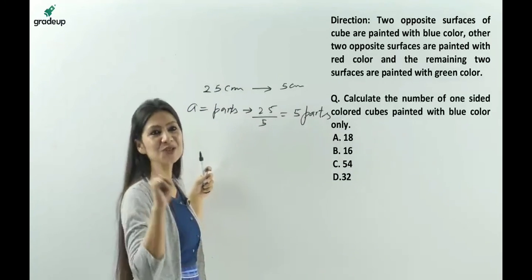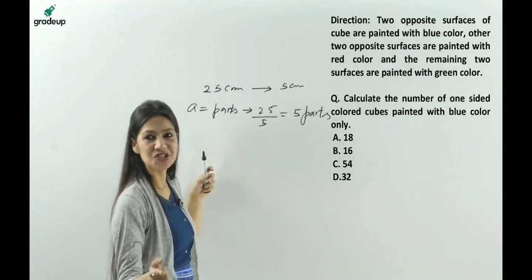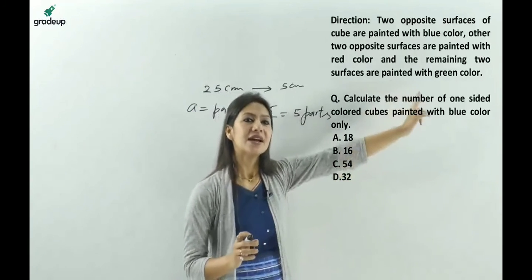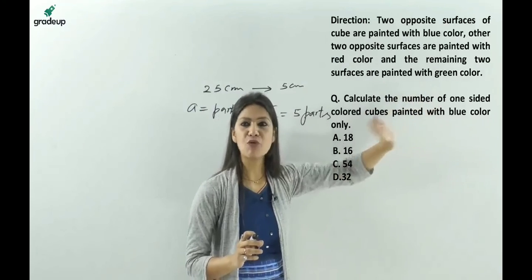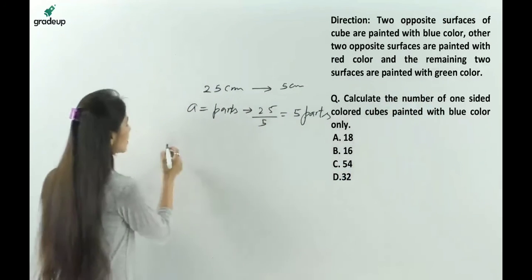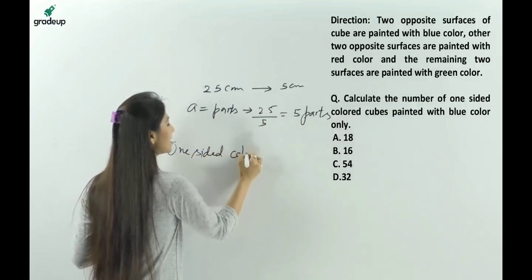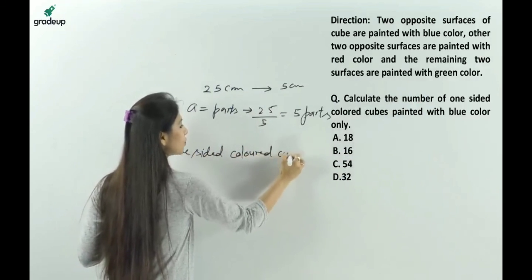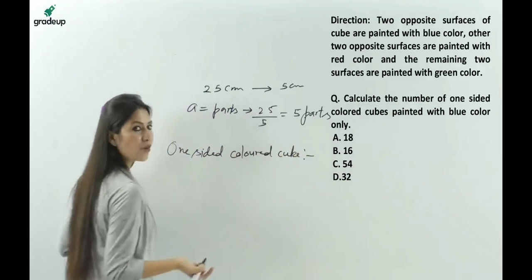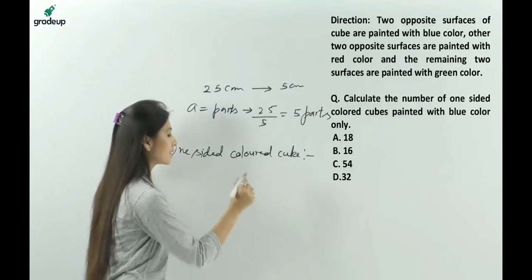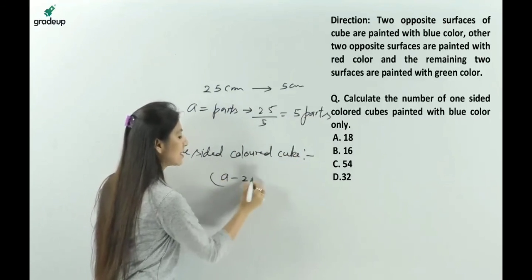So we are having two walls in exactly opposite positions of the same color. This time you are going to select the number of one-sided colored cubes only. For this, you will either write the formula or think in your own way. We know the formula for one side is (a minus 2) whole square.